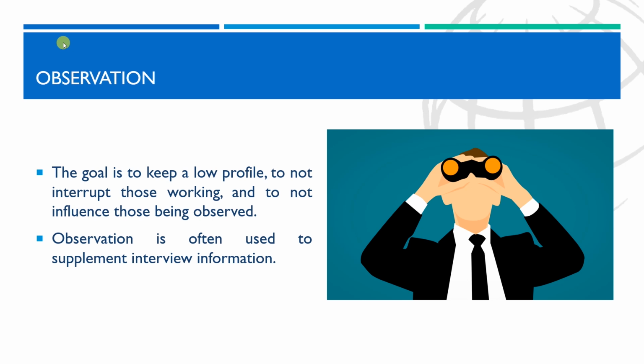Several research studies have shown that many managers really don't remember how they work and how they allocate their time. Observation is a good way to check the validity of information gathered from indirect sources such as interviews and questionnaires.